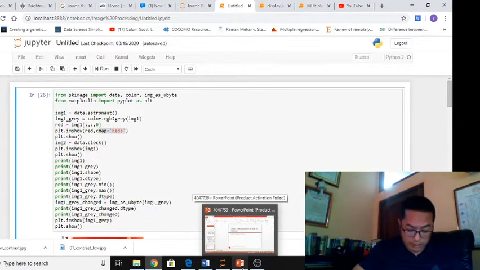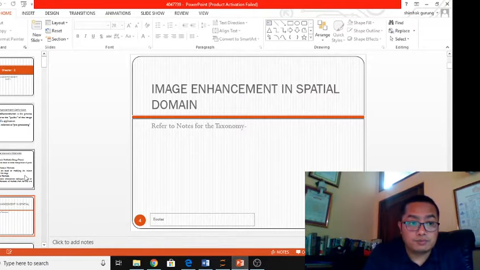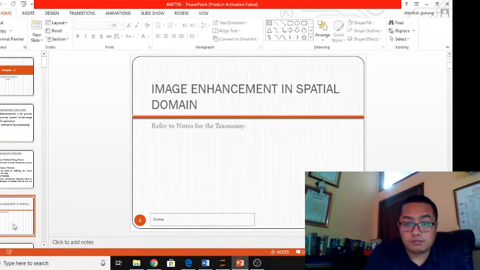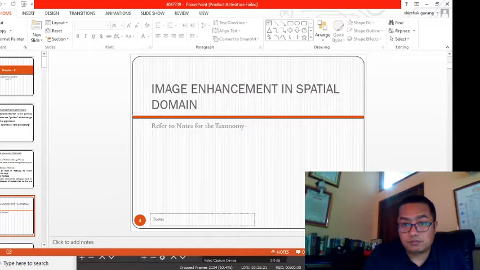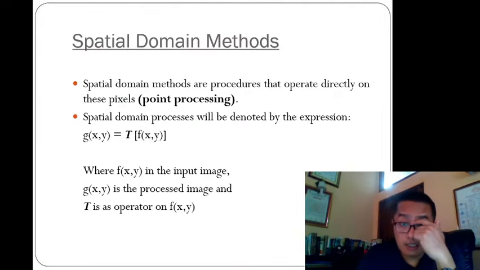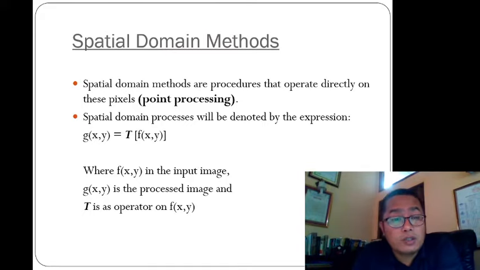I hope I have captured all the previous classes that we've done. If you recapitulate, when you do enhancement in spatial domain, we are not doing enhancement in frequency domain. We are doing enhancement in spatial domain for now. And in spatial domain, again, there are 2 kinds of processing.